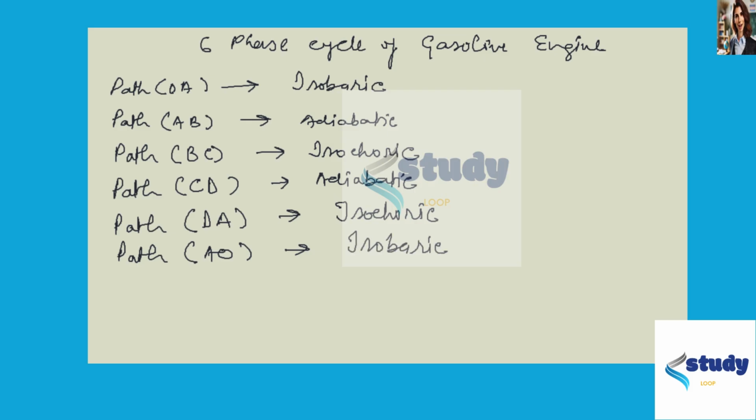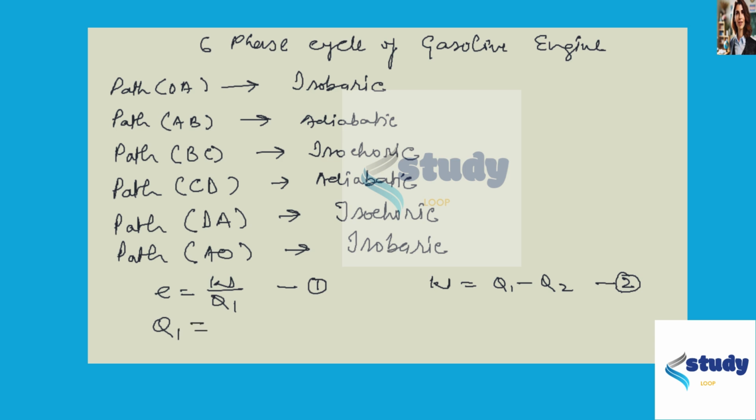So we are also given that E is equal to W upon Q1, so take it as equation 1. W is given as Q1 minus Q2, take it as equation 2.